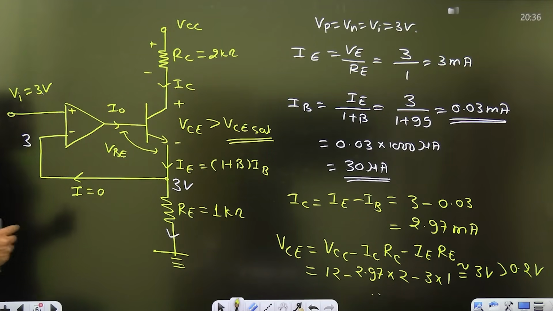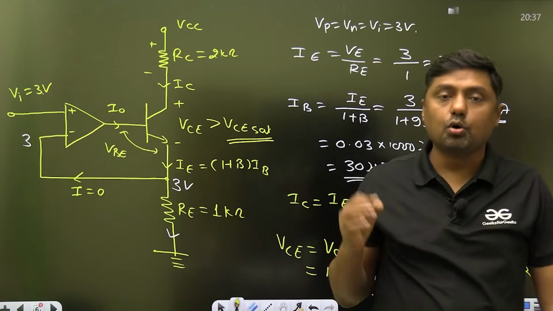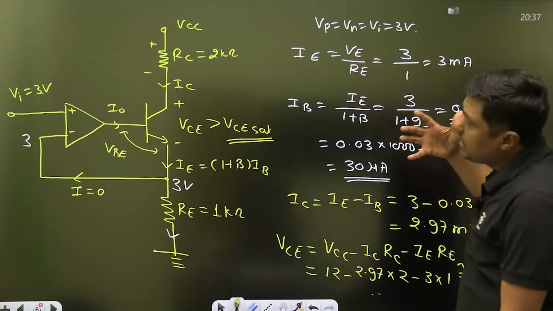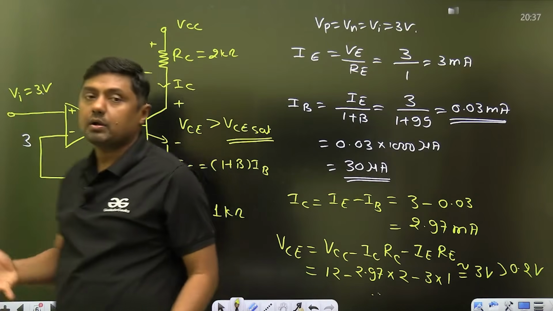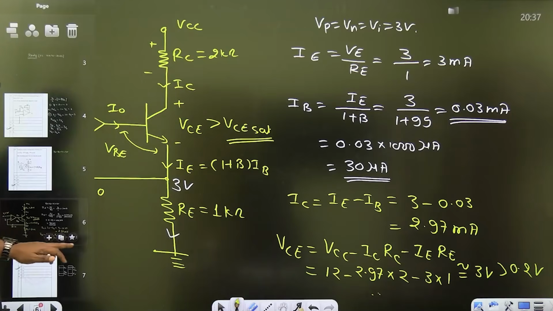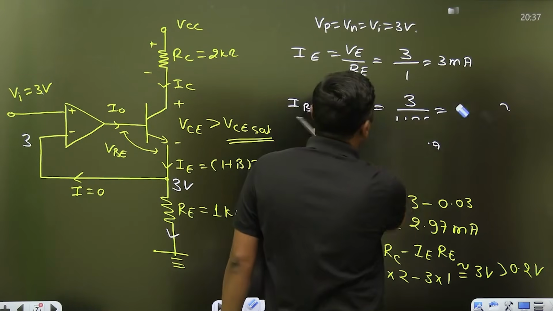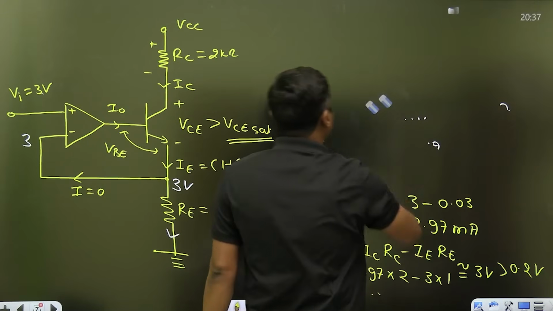Now just watch this, next time they may ask what is the working of this circuit. Working of this circuit. So always remember, in my class I am going to discuss what is the negative feedback. When the temperature increases, guys, remember how there is a negative feedback.